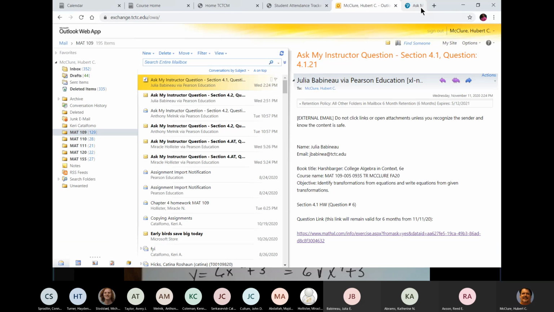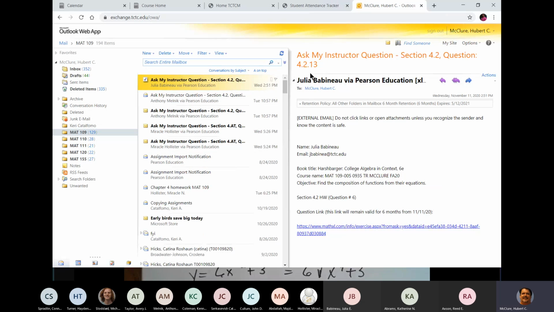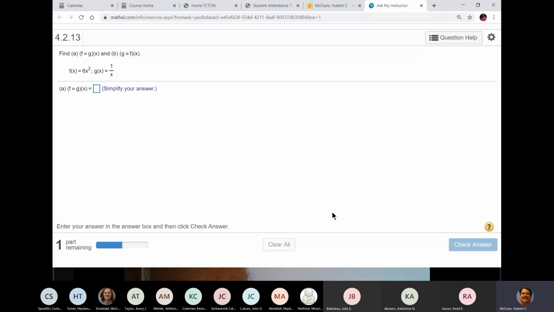Next, 4.2, 13/6. Okay, we've got f of x is equal to 6x squared, and g of x is equal to 1 over x.